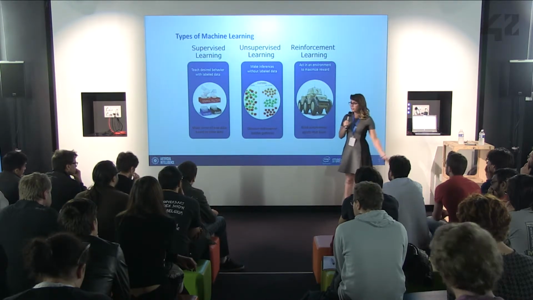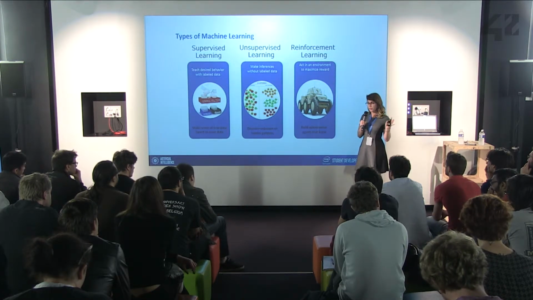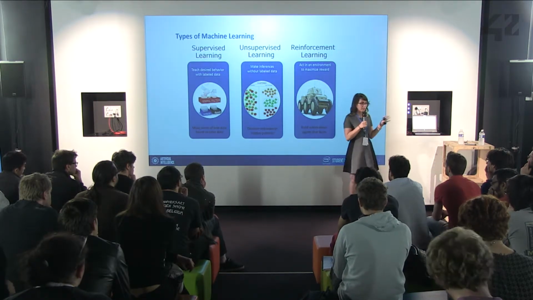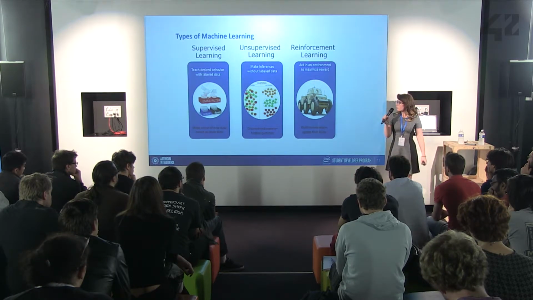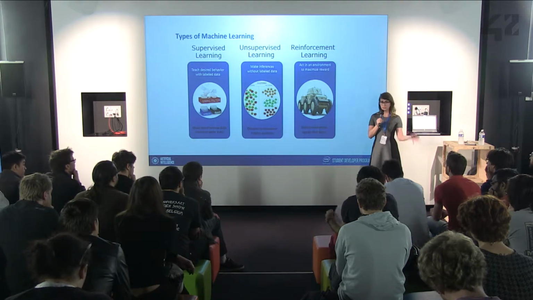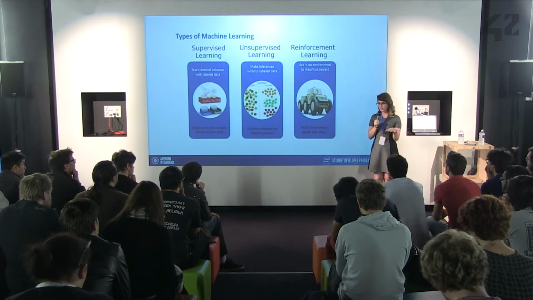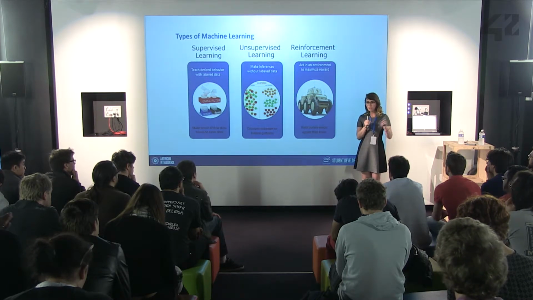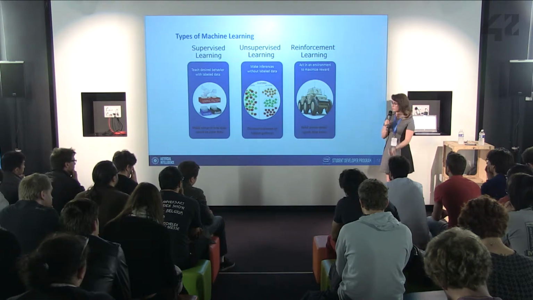In unsupervised learning, you don't know much about the data. You just have a lot of information, and you have to find patterns in it. So you just have to find something useful from that very big stream of information. And reinforcement learning is used for agents to maximize their performance in an environment. Maybe all of this is a little bit confusing, so I'm going to go through all of them in detail. But just remember those things.